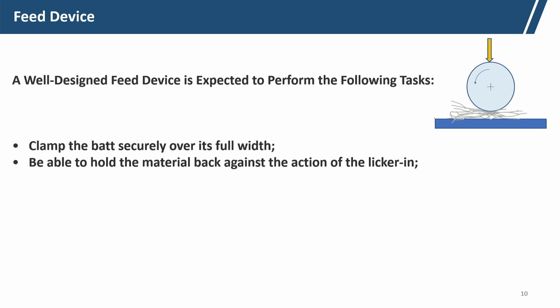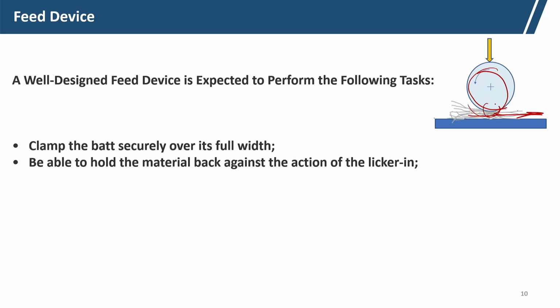It should be able to hold the material back against the action of the liquid. So, fibers should not actually come out from this surface. The pull should be enough, because it should feed the fiber at the speed of the feed roller.